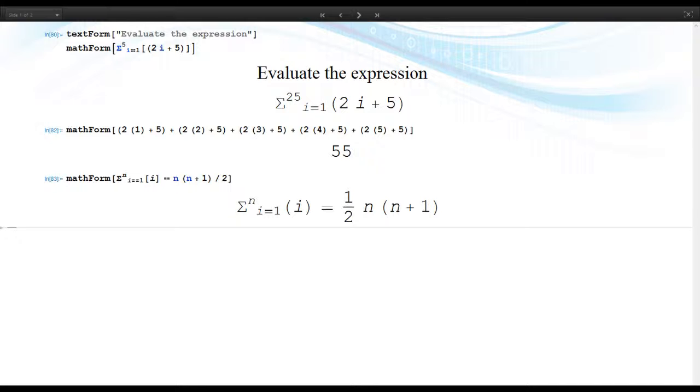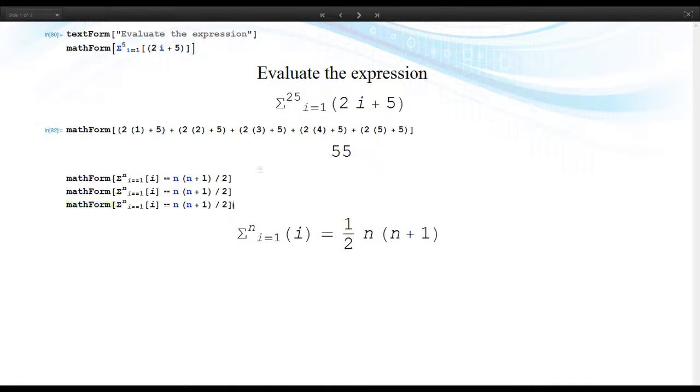There we go. So our sum of i is a half of n times n plus 1. We have two more formulas that we will memorize. We get an i squared formula and an i cubed formula.